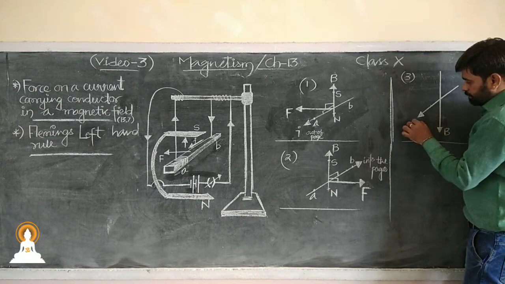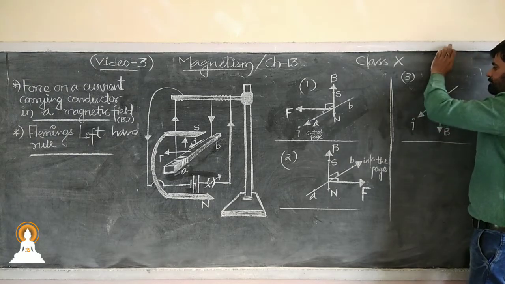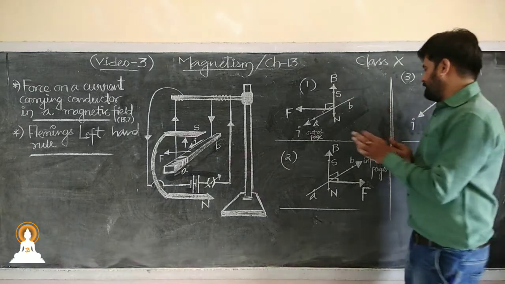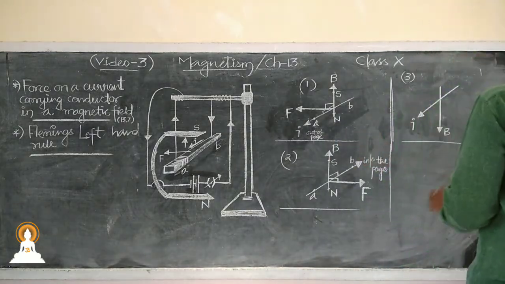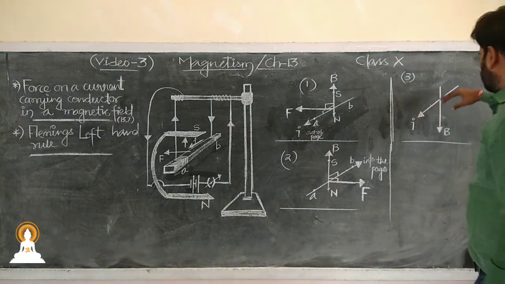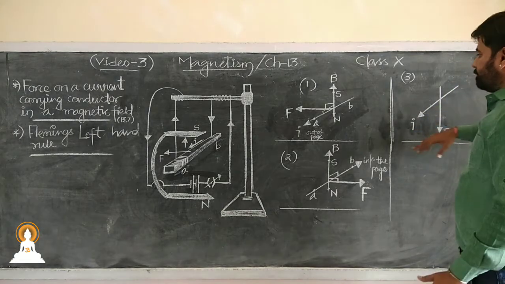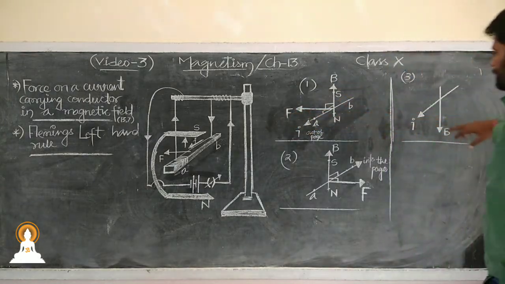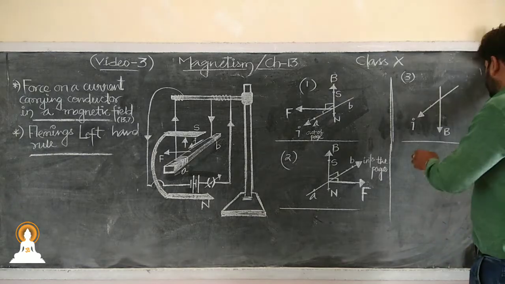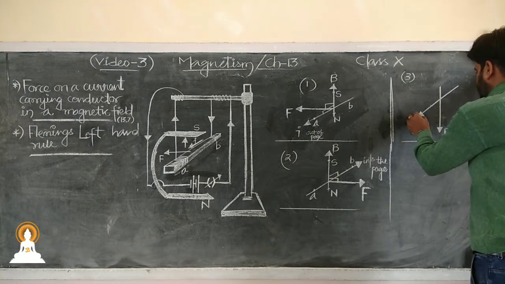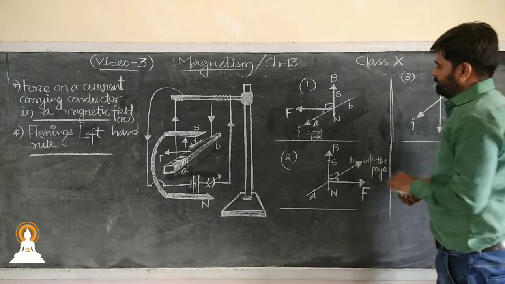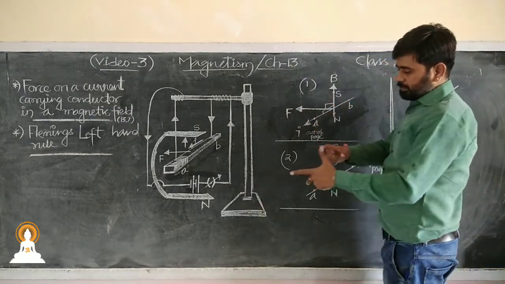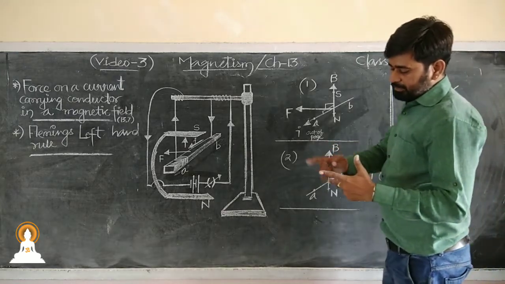This is the direction of magnetic field, and this is the direction of current. Now what do we see? This is our direction of force F, with B and I. What is going to happen here? Suppose we form a pattern with this thumb, this index finger, and this middle finger.